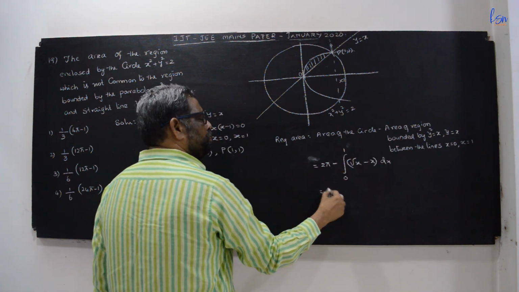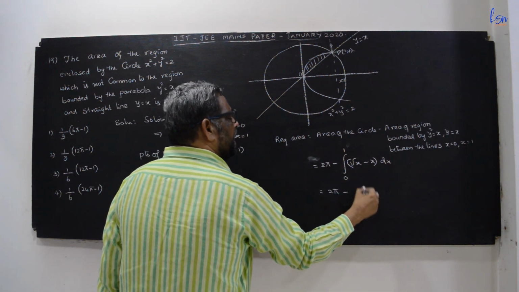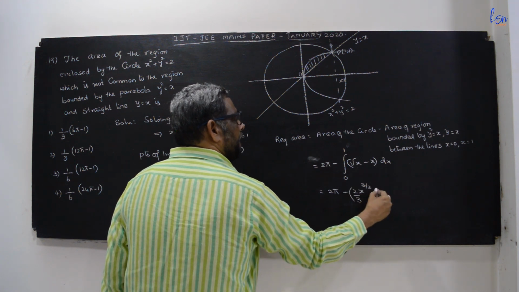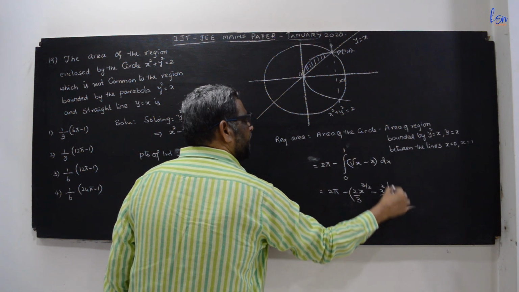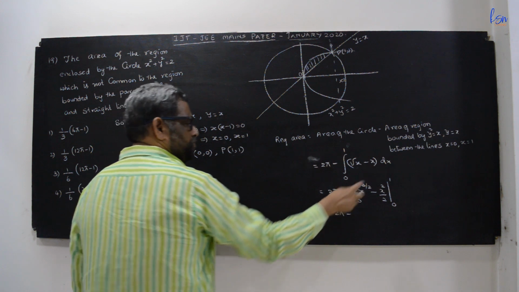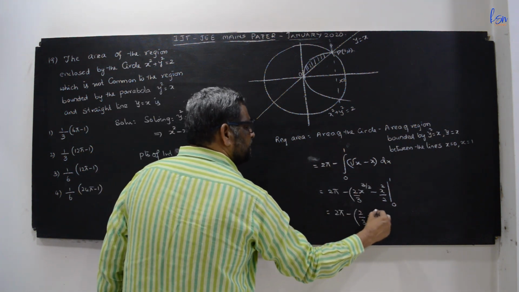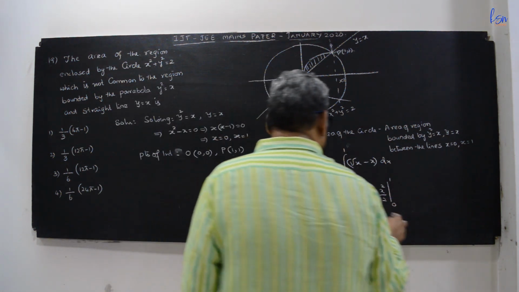That is equal to 2 pi minus, x to the power of 3 by 2 into 2 by 3 minus x square by 2 between 0 and 1. This is 2 pi minus, substituting the values, 2 by 3 minus 1 by 2, and of course if you put 0 it becomes 0.